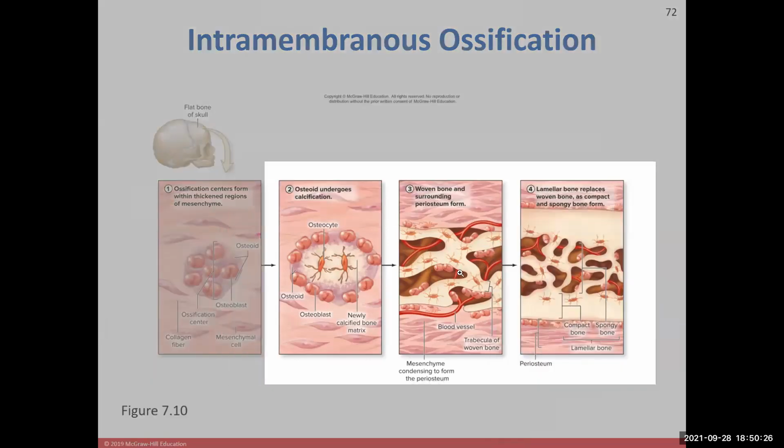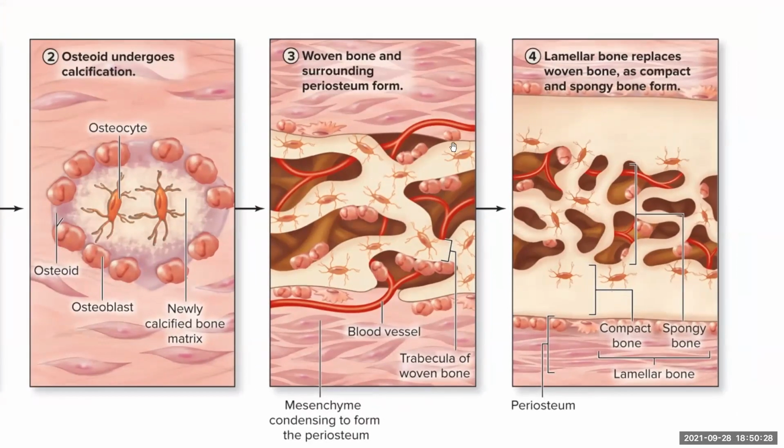So you can see here with our formation of our woven bone, again, there's no organization to it. But what we're seeing now is, okay, we've got the early form of the bone occurring. And then on the peripheries here, the mesenchyme starts to convert into or form periosteum.